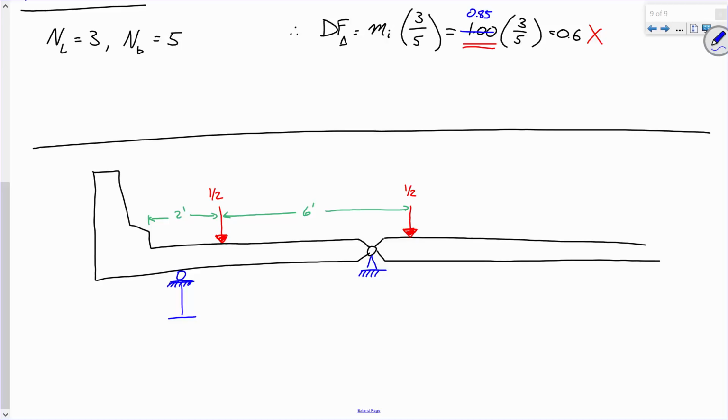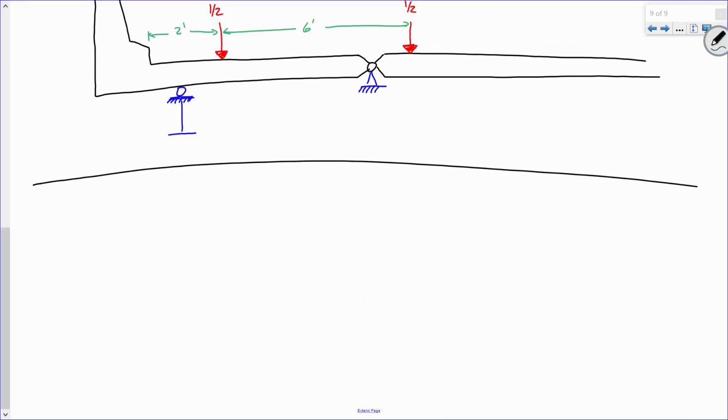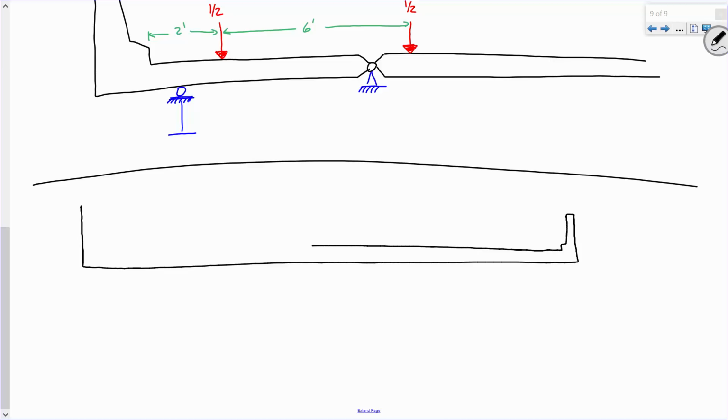For special analysis, it's a little different, because you're looking at the whole bridge rotating. So this, I believe, had 3 trucks on it. I think there were 3 times you did special analysis. So you might have something that looks like this. Something about like that.